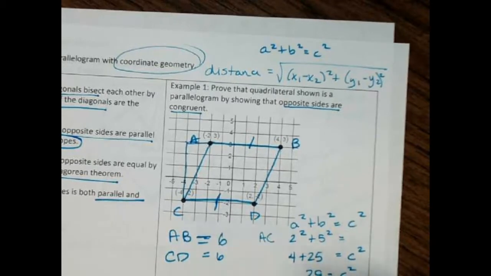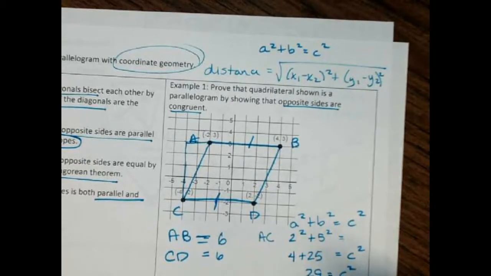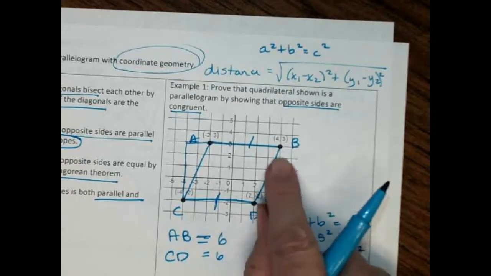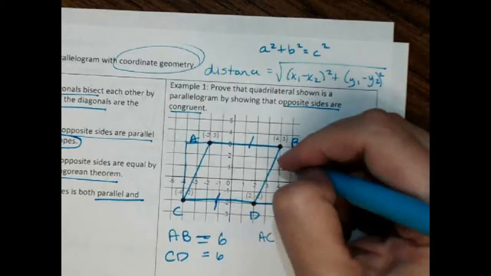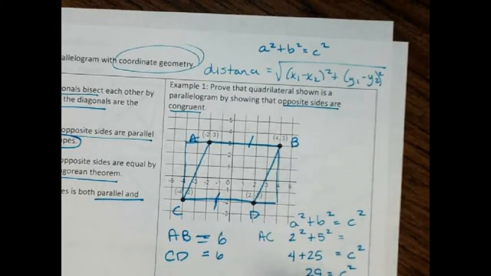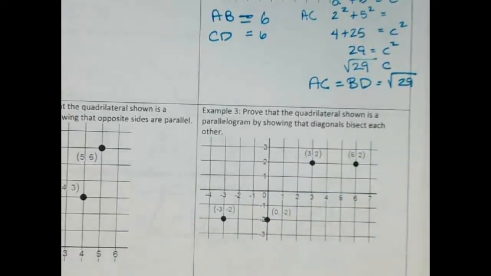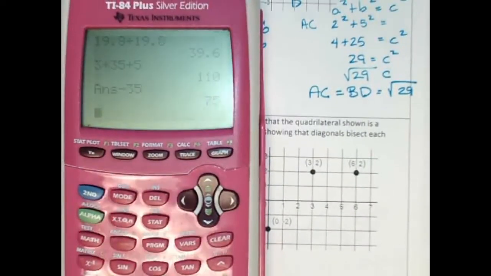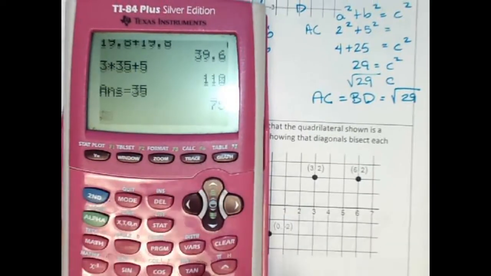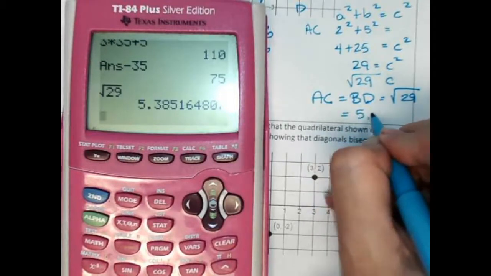And then to get just the length of this side, I take the square root. Now if I do the same thing on this one here, it's also 2 and 5, so I'm going to get the same length. So AC is equal to BD, and they're both equal to the square root of 29. I can leave it like that, or I can use my calculator and do the square root of 29, and I'll get that it is 5.385.